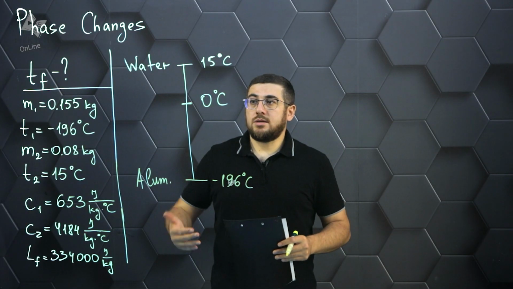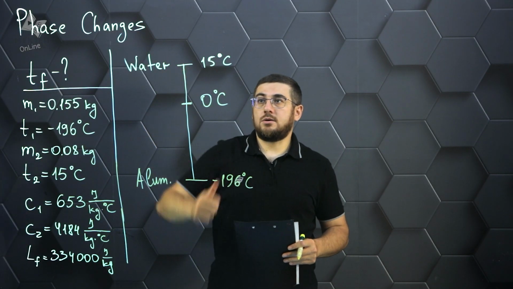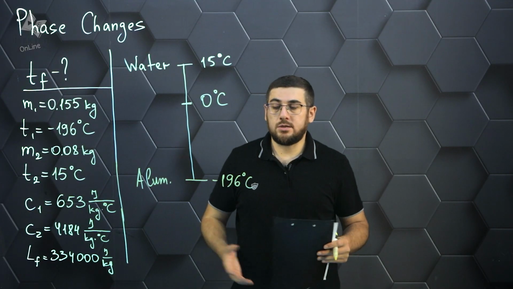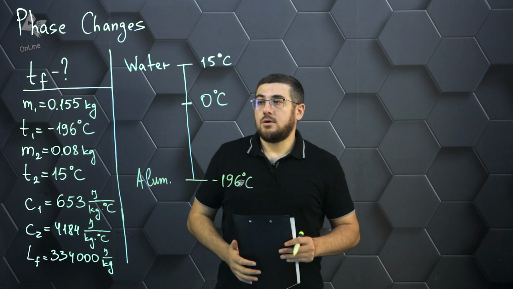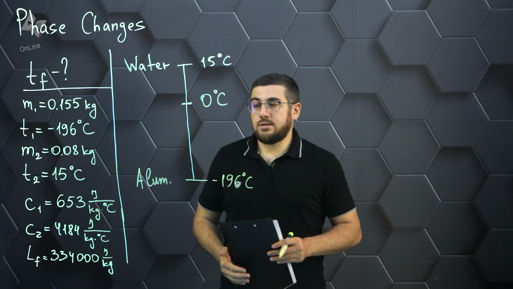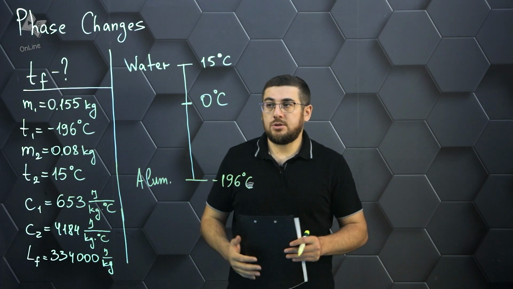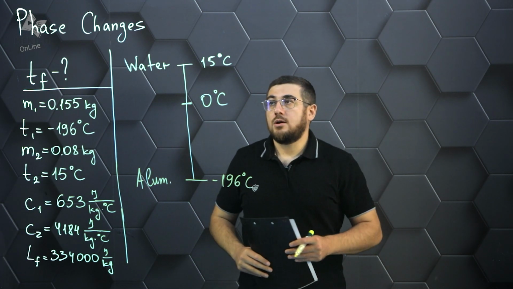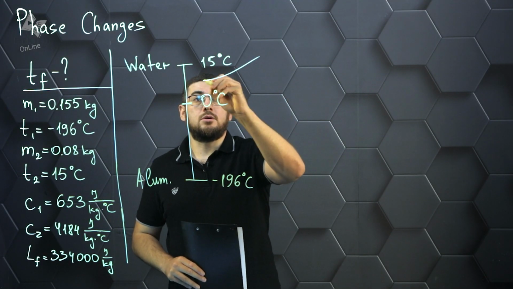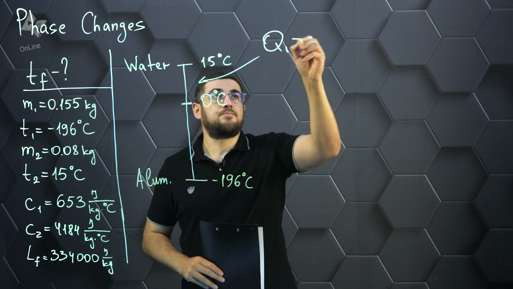So let's first calculate how much energy the water can release as it cools down to 0 degrees Celsius while still remaining in a liquid state. Then how much energy the aluminium needs to warm up to 0 degrees Celsius, we'll compare these two values and see what that leads to. So let's look at the first amount of heat, which we'll denote as Q1.